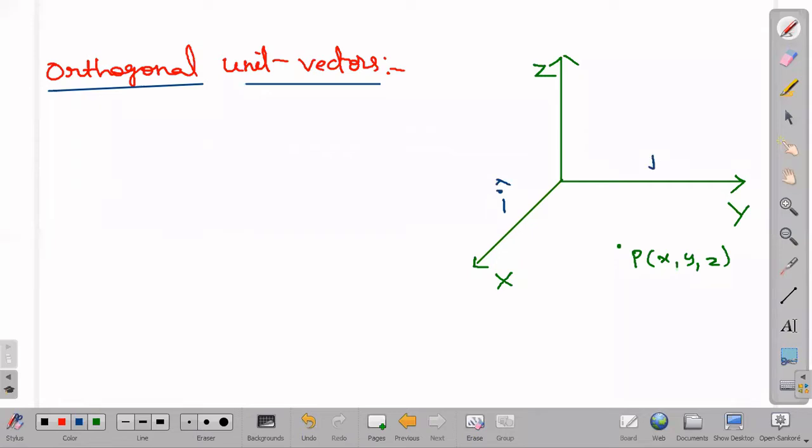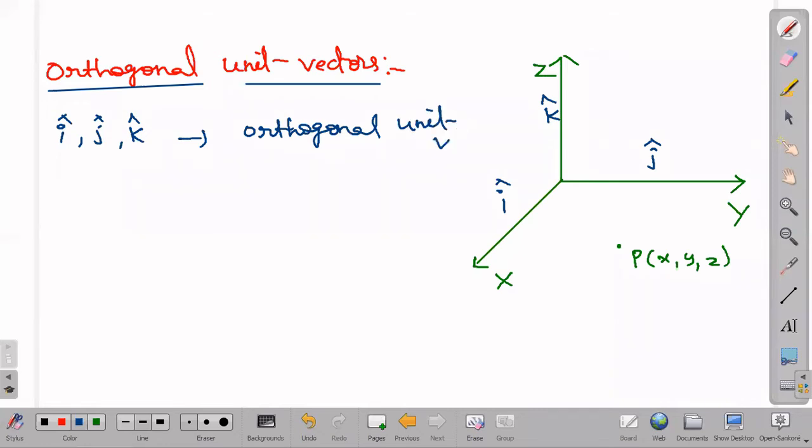Next, J cap indicates the direction along the y-axis, and K cap indicates the direction along the z-axis. These I cap, J cap, K cap are called orthogonal unit vectors. So these represent some direction along the axis, and those values will be unit.